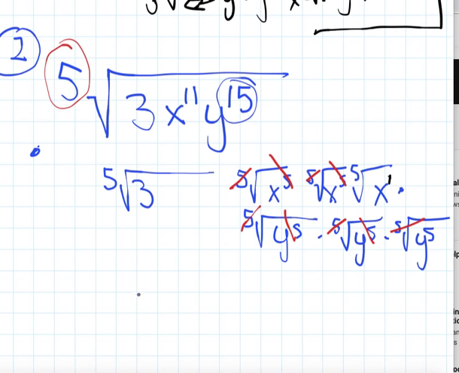And now let's finish it up. So I'm left with x times root x, not root x, square root of 5, of root of 5.